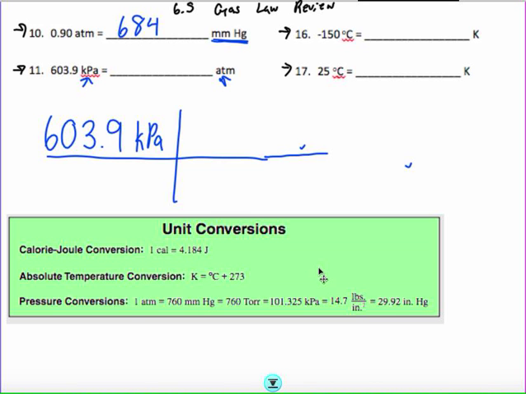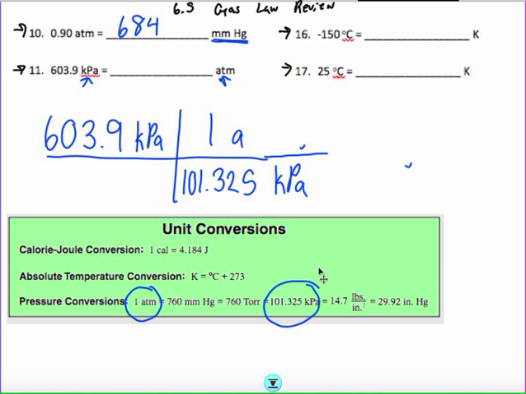If we look on our pressure conversions, 1 atmosphere is equal to 101.325 kPa. Since we want the kPa to cancel out, we put it on the bottom, 101.325. And then 1 atmosphere will go on top.